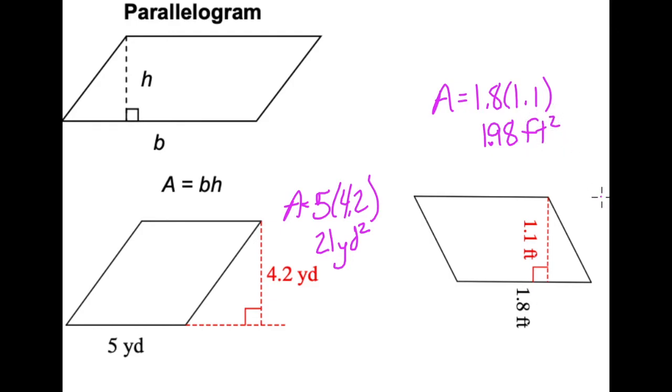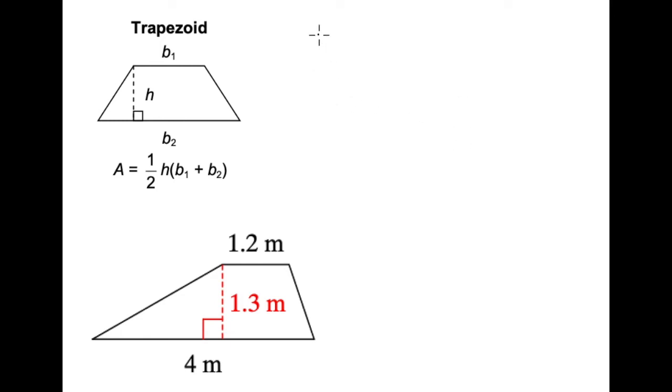Our last shape is a trapezoid, and a trapezoid is a quadrilateral with one set of parallel lines, so we would identify those as base 1 and base 2. And the formula for the area of a trapezoid is area equals 1/2 times the height times the sum of base 1 and base 2.